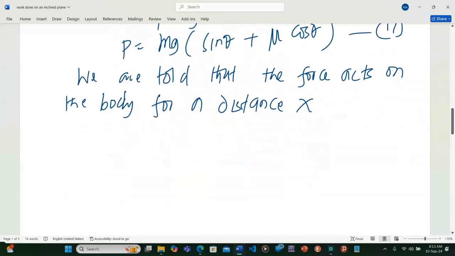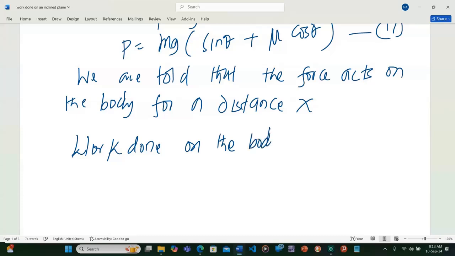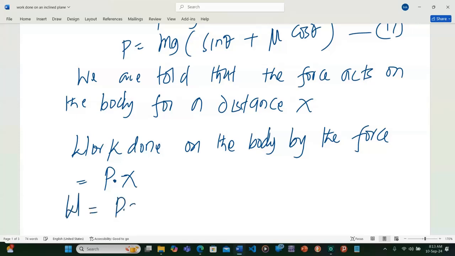This means that the work done on the body by the force will be P times x. So the work done will therefore equal P times x.